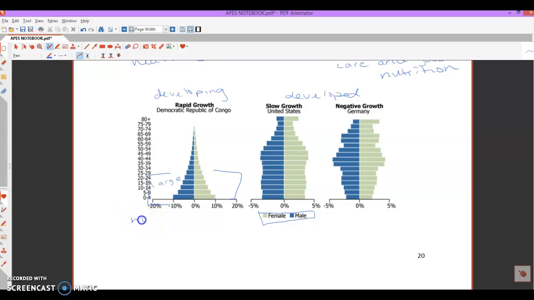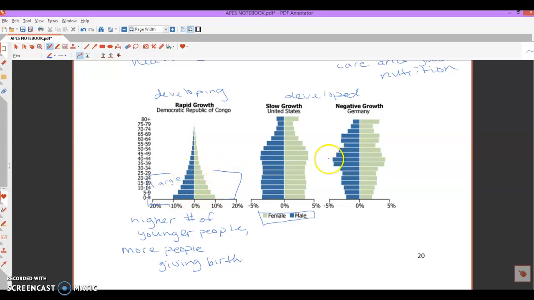So we have a higher number of younger people. It also means that we have more people giving birth. So lots of young people, lots of babies being born here.